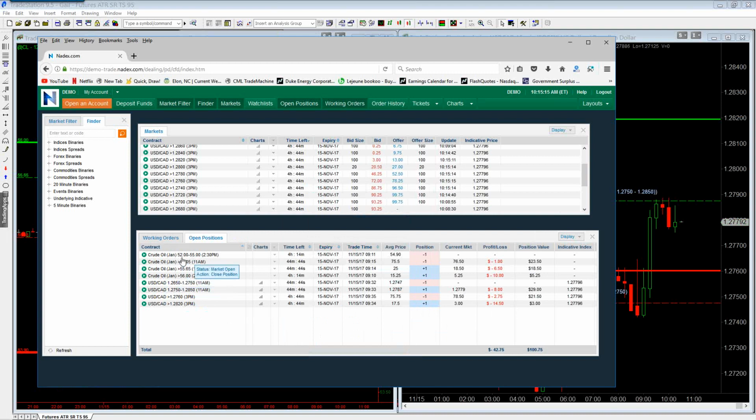For example, the short crude is at $54.90. That was my entry price, okay? And I'm just going to circle it because that's very important. If you want to put in a profit target, this is a short position, so you have to put in a number that is lower than this number.